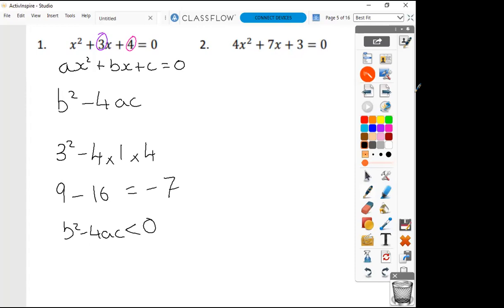It's that horizontal line down the bottom. That's where our y is equal to 0. You can see the parabola doesn't touch or go through that x-axis. So we got the answer b squared minus 4ac is less than 0. Therefore, there are no real roots.